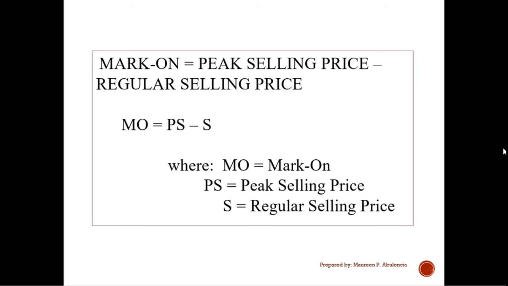Example is when we have special occasions like Valentine's Day, wherein we can sell flowers and chocolates at more than the regular selling price. All Saints Day, wherein we can sell flowers and candles at more than the selling price, and Christmas Day, wherein we can sell gift items at more than the regular selling price.